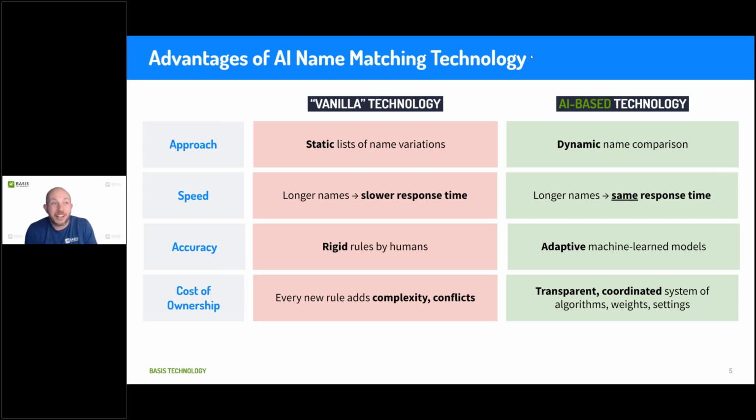And yes, it's not a very exciting slide, but my marketing team actually came up with a fun analogy for the differences between what a vanilla kind of name matching technology might deliver versus something that's AI based. So you could think of a vanilla technology as a kind of clunky, solid iron suit of armor.